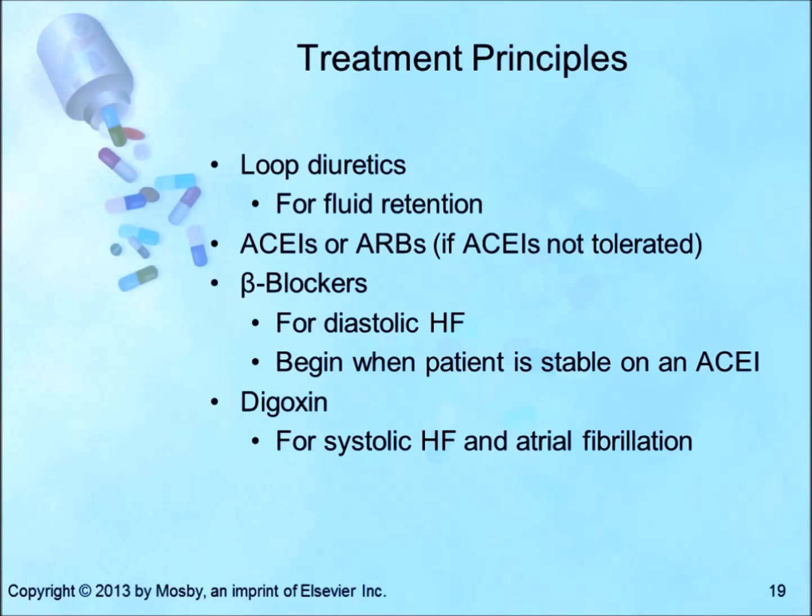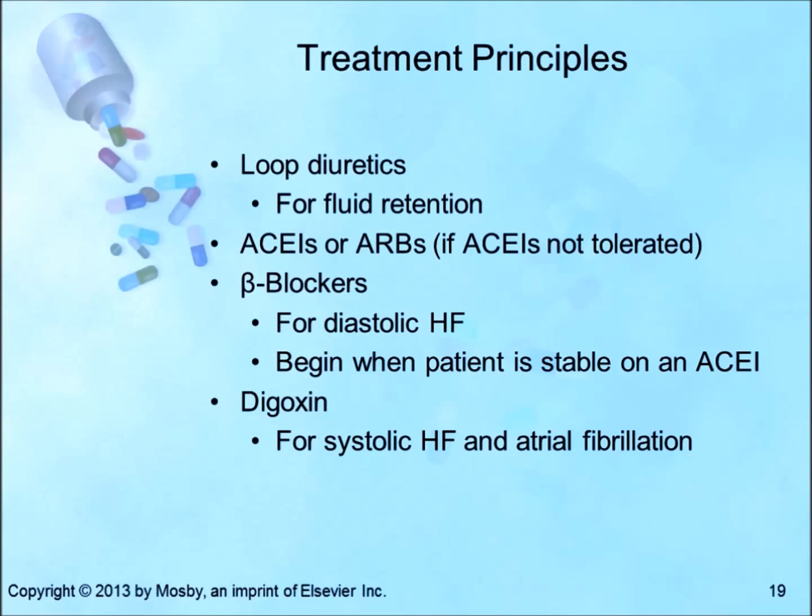Treatment principles, evidence-based recommendations: improvement in symptoms is mostly by adding ACE inhibitors, angiotensin receptor blockers, beta blockers such as metoprolol, bisoprolol, and carvedilol, and digoxin in patients already receiving diuretics and ACE inhibitors.